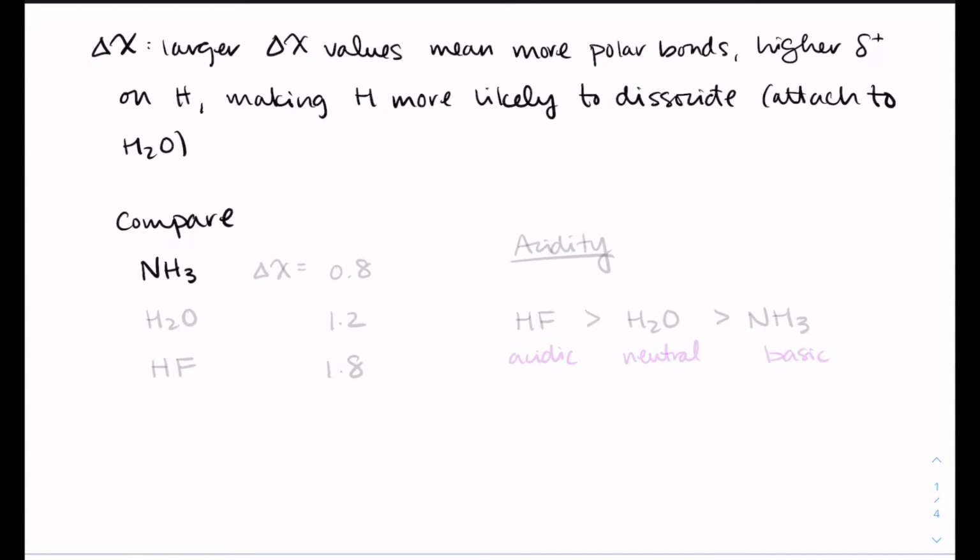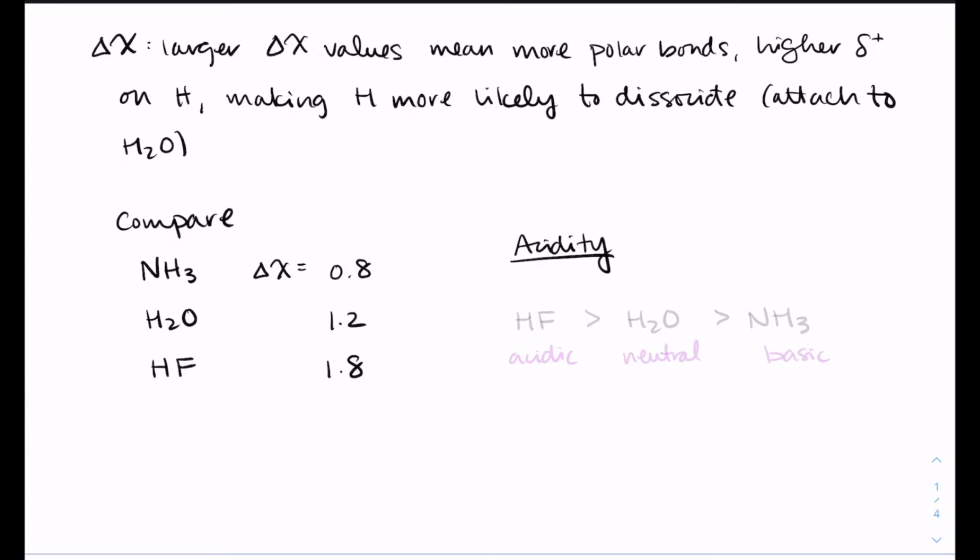Differences in electronegativity. So nitrogen and hydrogen, the difference is 0.8. Oxygen and hydrogen has a difference of 1.2, and hydrogen and fluorine have a difference of 1.8. So higher difference in electronegativity, HF would be a stronger acid than H2O, which would be a stronger acid than NH3.